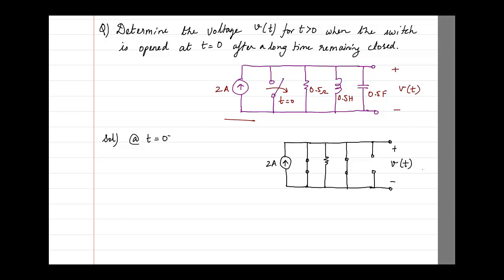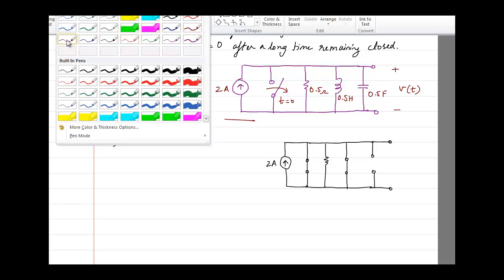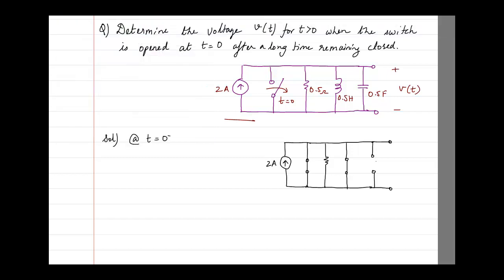Sorry, plus minus V of t I will not write because this is at the initial condition. So now what is the value that is going to come here? Obviously the voltage drop across a short, V of 0 minus, is going to be 0.